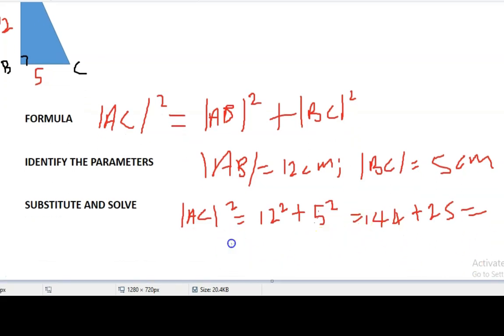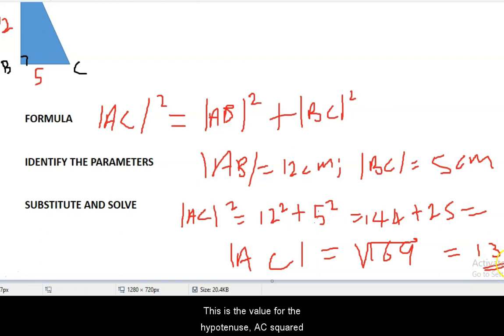Ultimately, you have AC equals the square root of 169, which equals 13 centimeter. This is the value for the hypotenuse AC, and not the value for AC square.